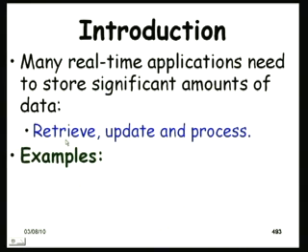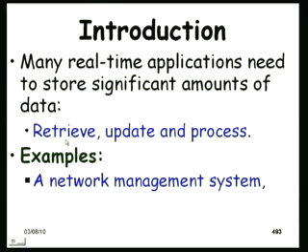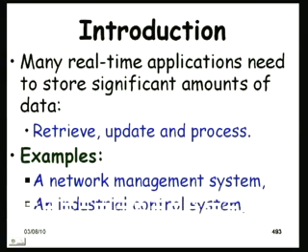Just to give a few examples, a network management system stores data regarding the conditions of the network at any moment. For example, what is the traffic, the congestion, and so on at any moment.